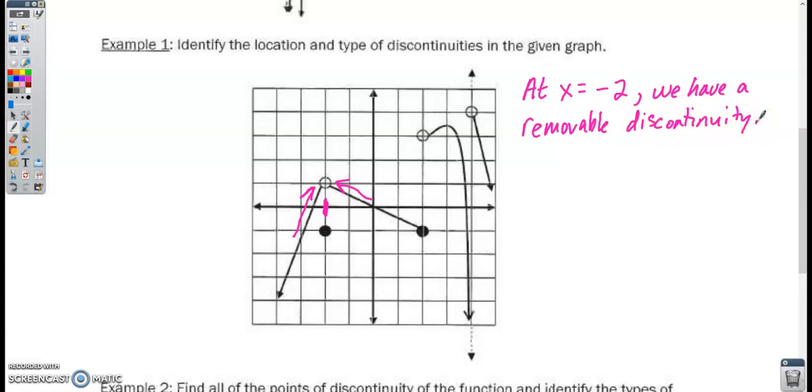The next place where we have a discontinuity in this graph is over here at +2. At +2, the limit from the left and the limit from the right both exist, but they're different. And so here we have a jump discontinuity.